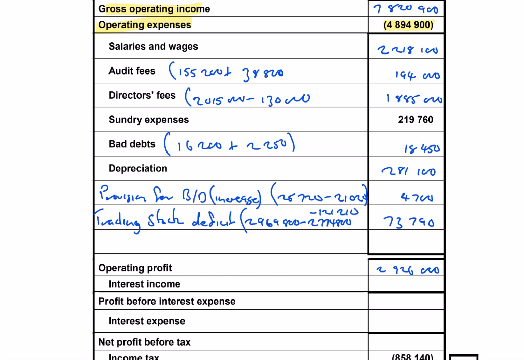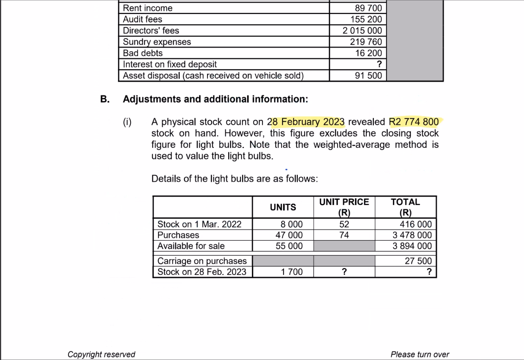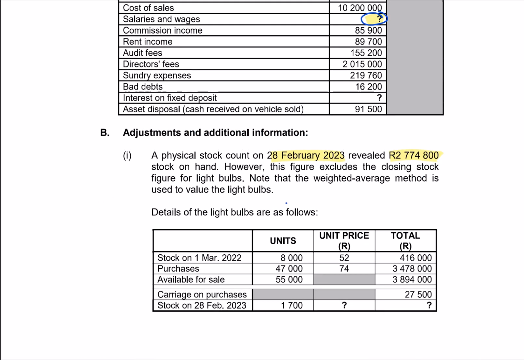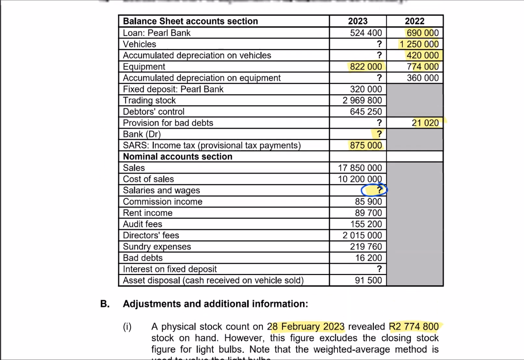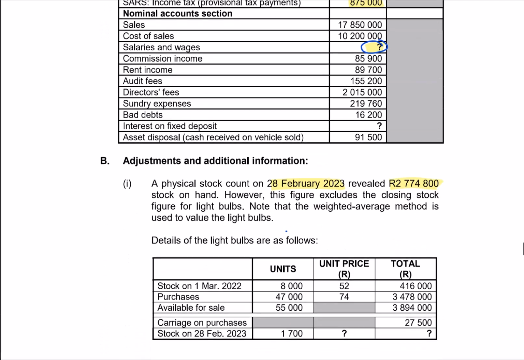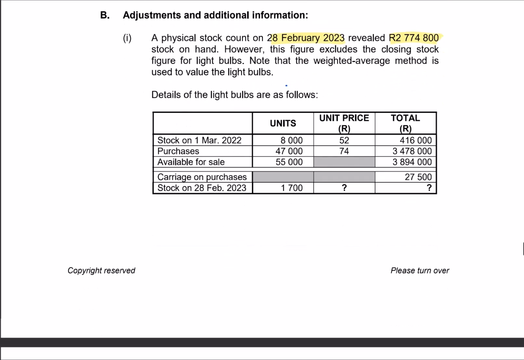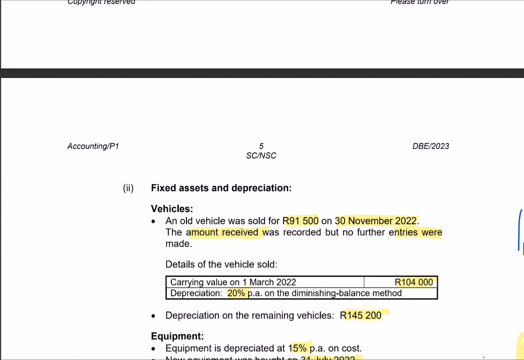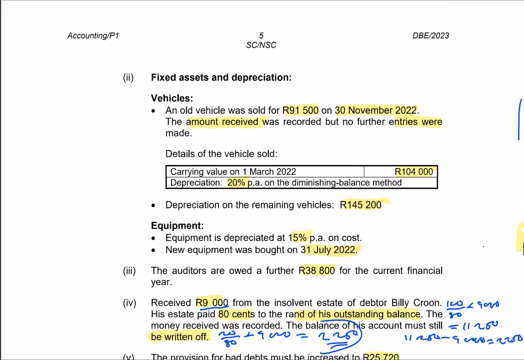Interest income. Right, interest on fixed deposit, question mark. Then we have fixed deposit 320,000. Let's see if we have an adjustment. That's for fixed assets.